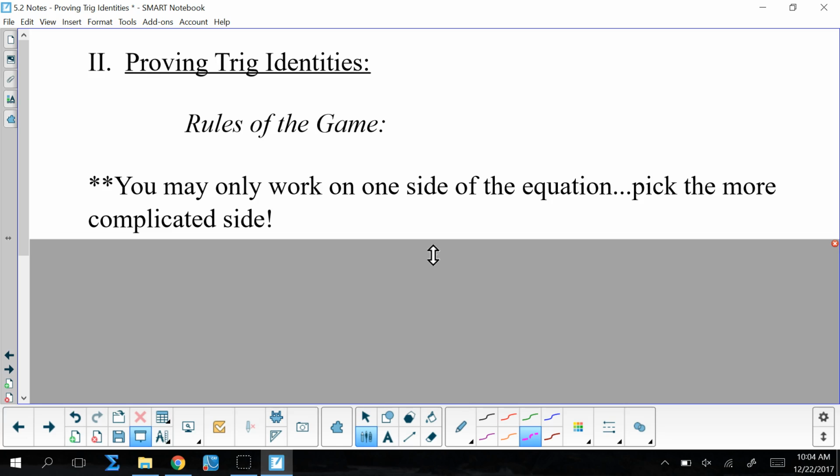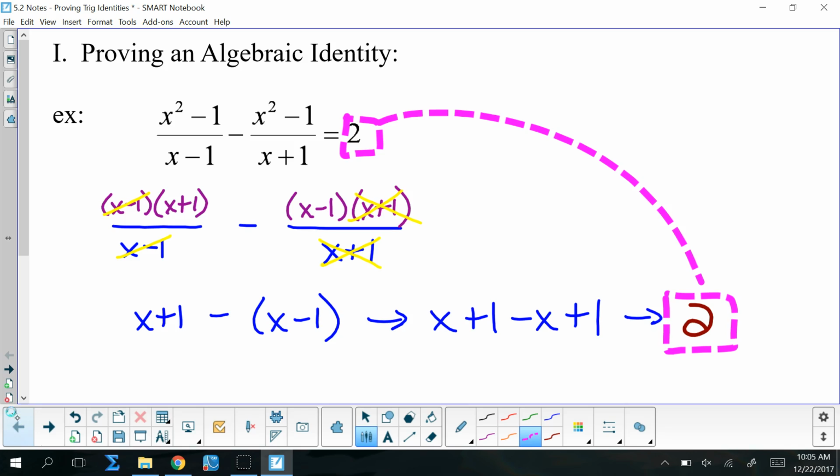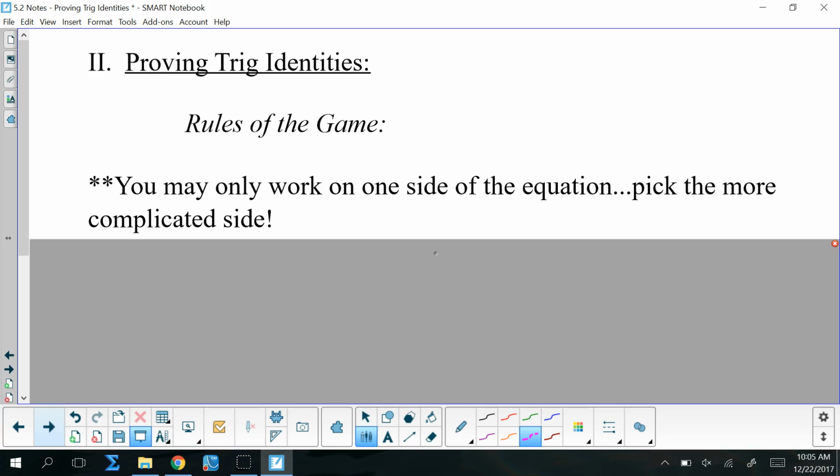That's the side that you're going to pick because you can do more with it. On that last problem, I could do more with x squared minus 1 over x minus 1 minus x squared minus 1 over x plus 1 than I can do with 2. I can't really do much with 2. But this other side, this nasty looking side, I can do a lot of stuff with that. So that's rule number 1.